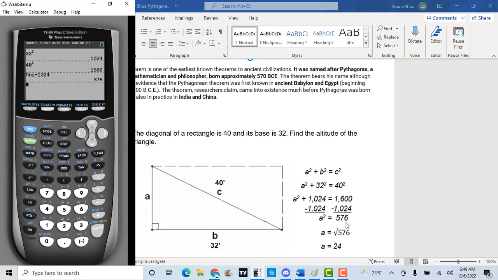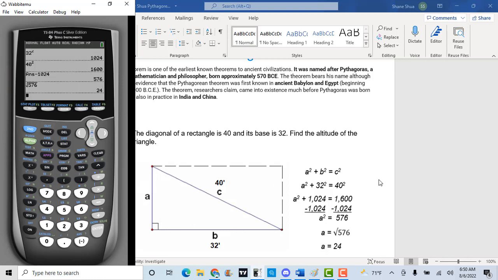So what we need to do is take the square root of both sides. So if we take the square root of a squared, that just leaves me a. And square root of 576. So the square root of 576 is 24. So A is 24. So our altitude or our height is 24 in this rectangle.